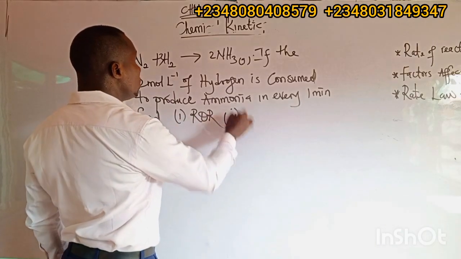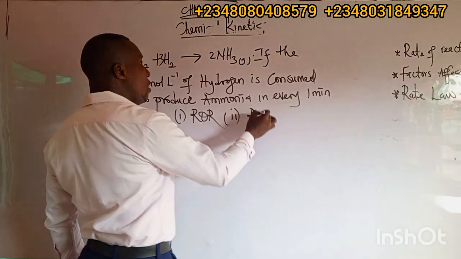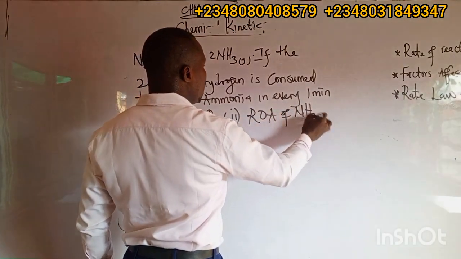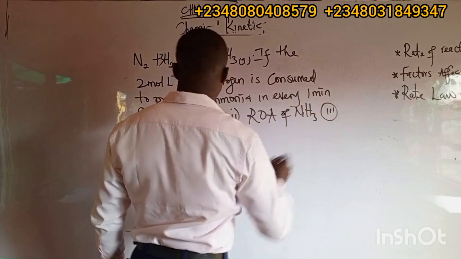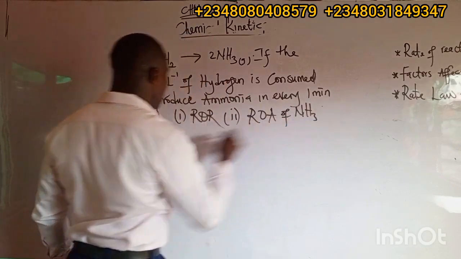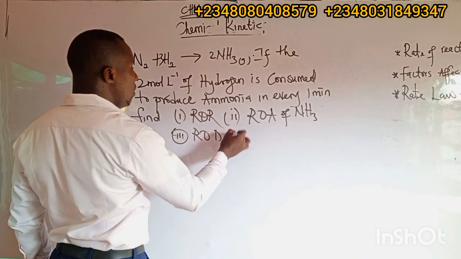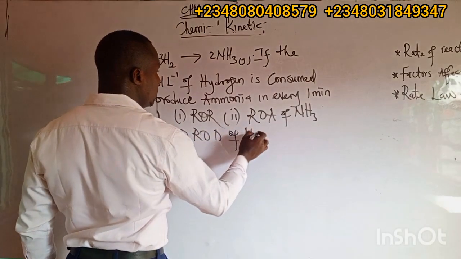Roman figure 2, rate of appearance of ammonia. Roman figure 3, rate of disappearance of nitrogen gas.